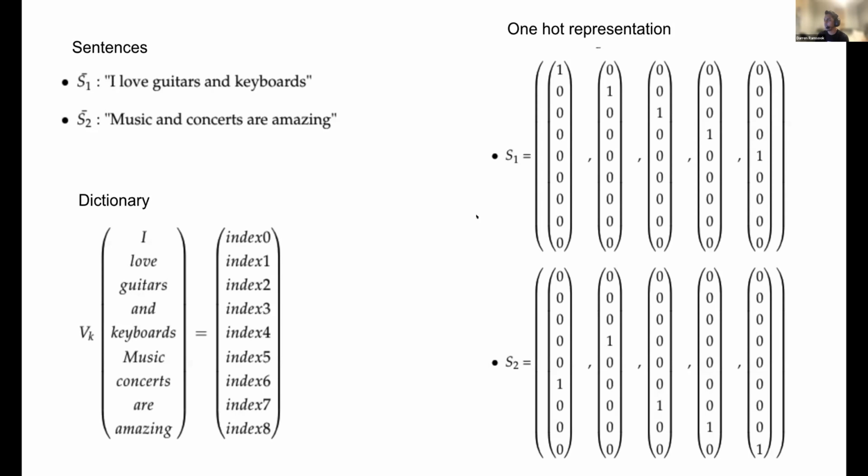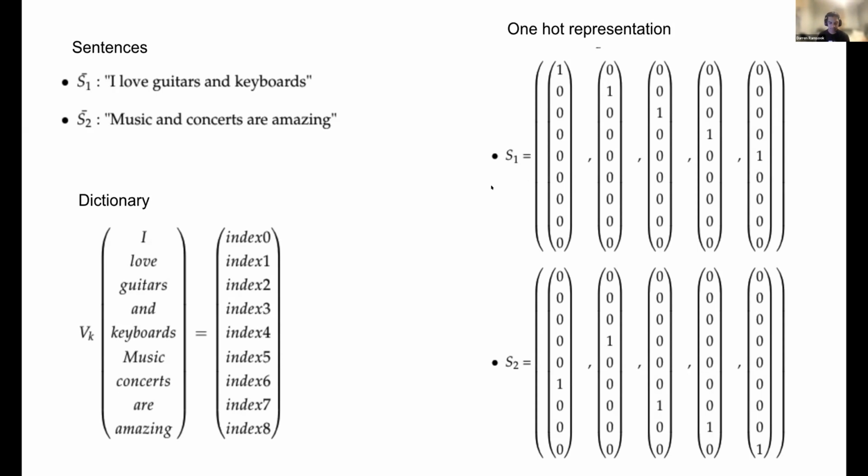So for example, you'd have a one here, then zeros everywhere else. Love, ones, and so on and so forth. And similarly for sentence two, the same thing happens. You can see that the word "and" is the only word that repeats, and in the dictionary that's at index 3. So when index 3 is 1 and everywhere else is 0, that's the representation for "and".